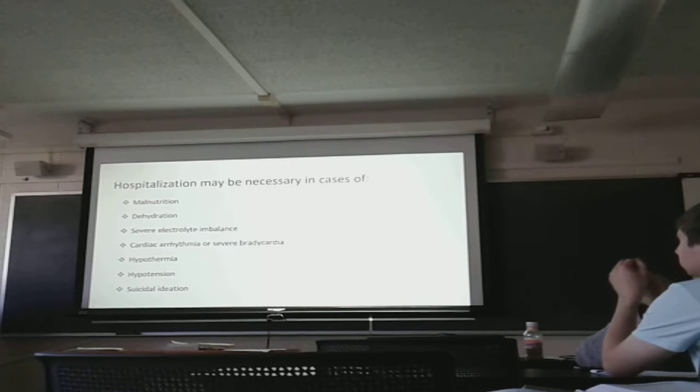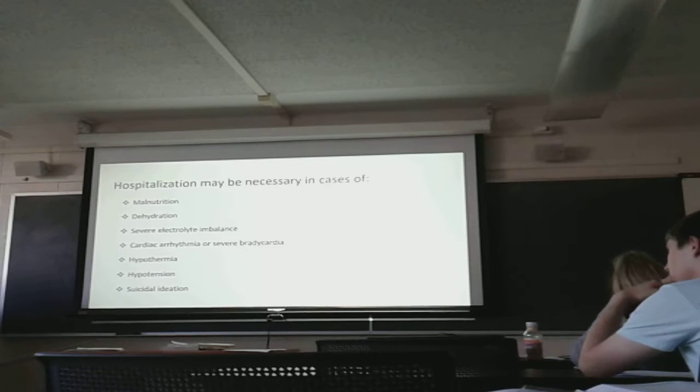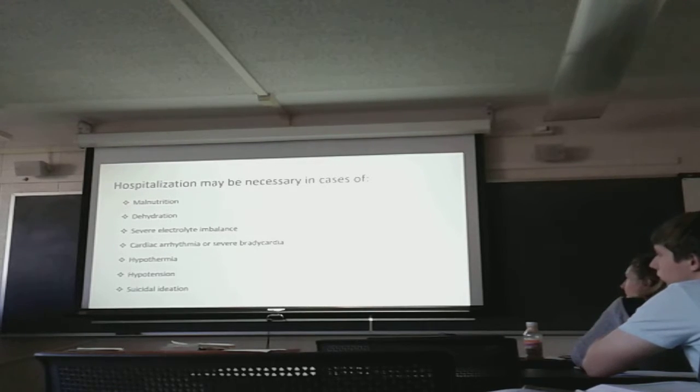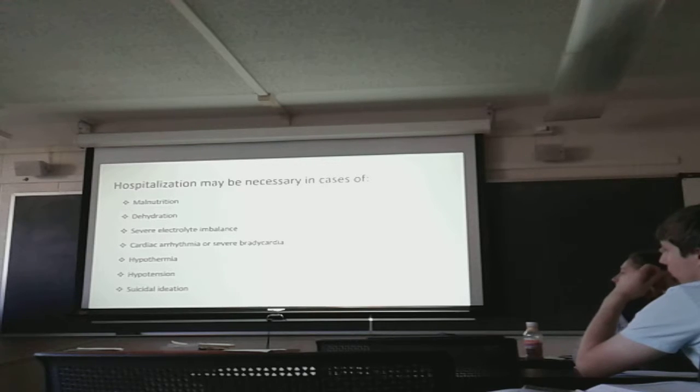If they're dehydrated or have a severe electrolyte imbalance, you remember the norms for your potassium level, 3 to 3.5? If they're below a certain number, they may be hospitalized because it could cause a cardiac arrhythmia. If they're below 3.5, usually they'll admit them to inpatient.